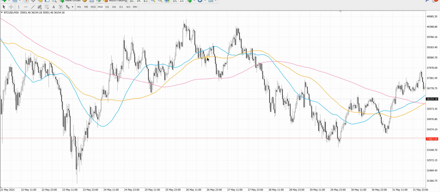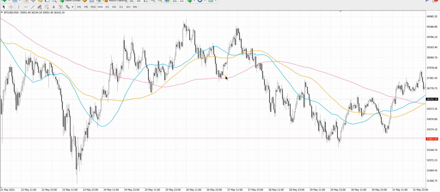Because this was its last stopping point around the SMA 100, it came back down through, so it's going to fall to the next one because it already tested that support and it held that time, but it came down harder, so it's going to test the next one. Then it found its support at the SMA 200.